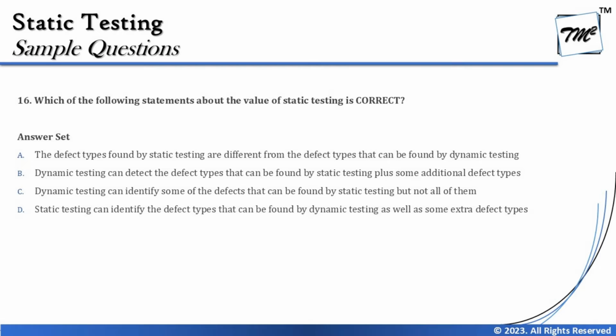Now we have two options to contradict with, option A and option C. Let's quickly read option A once again so that we can be very clear. Option A says the defect types found by static testing are different from the defect types that can be found by dynamic testing. It seems a little confusing because I don't find any problem here. Even from different angles, static testing certainly gives me a different set of defects.